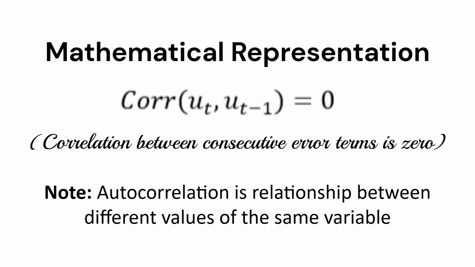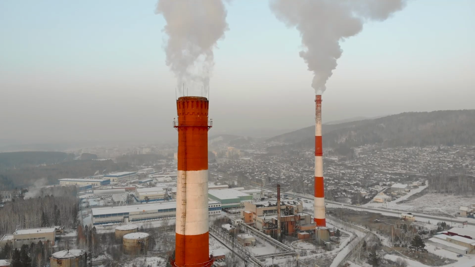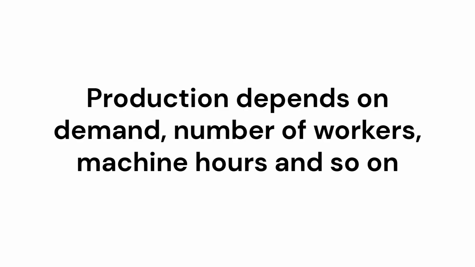Remember here that autocorrelation is studying the correlation between different values of the same variable, which in a regression model is the relationship between different values of the error term. Consider this example. Suppose we want to study the monthly factory production. Production usually depends on factors like demand, number of workers, or machine hours.